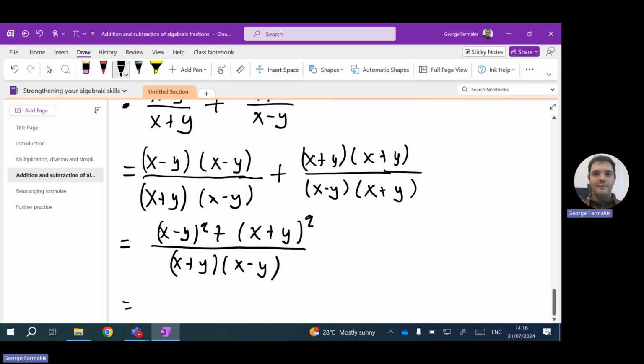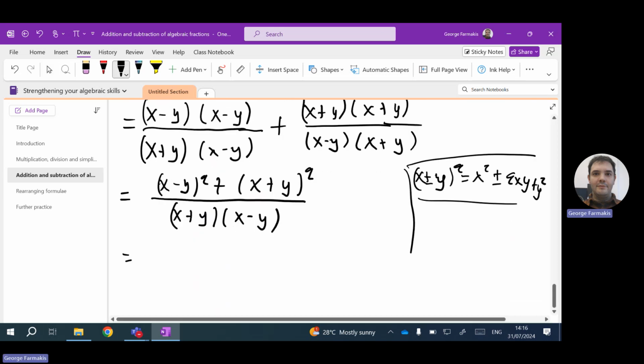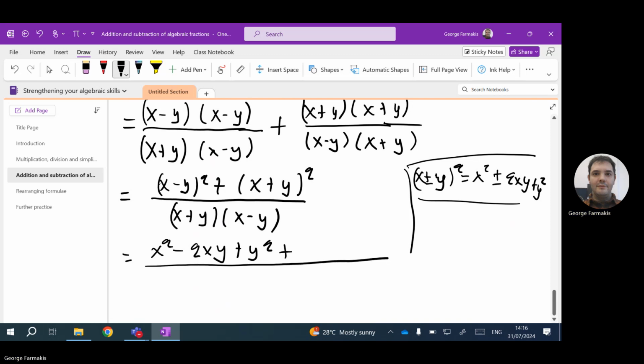So remember that (x plus minus y) to the square is equal to x squared plus minus 2xy plus y squared. So let's apply this formula here. x to the square minus 2xy plus y squared. This is the first bracket only. And also remember that (x plus y)(x minus y) is x squared minus y squared.